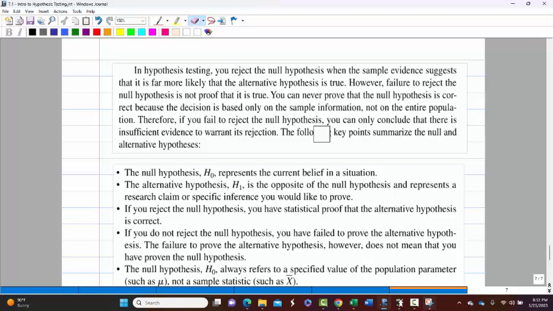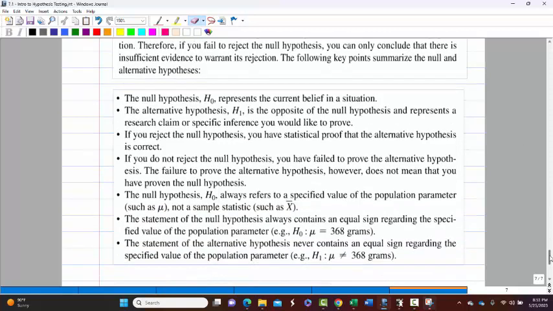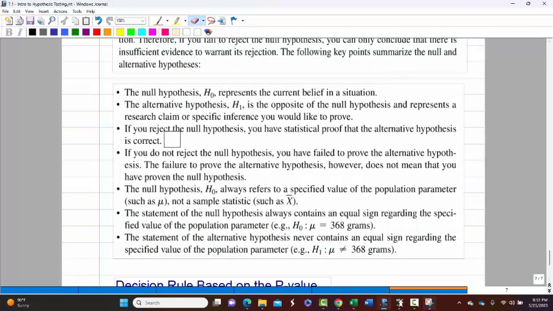You may not agree with it per se, but you just cannot say it's wrong. So I'll look at some of the highlights here. If you reject the null, you have statistical proof that the alternative hypothesis is correct.